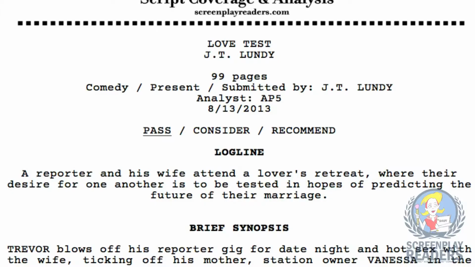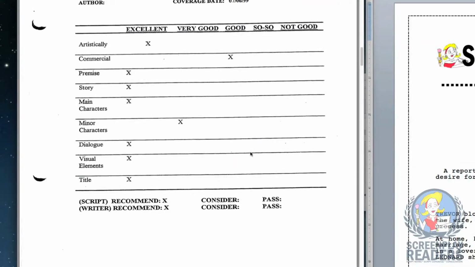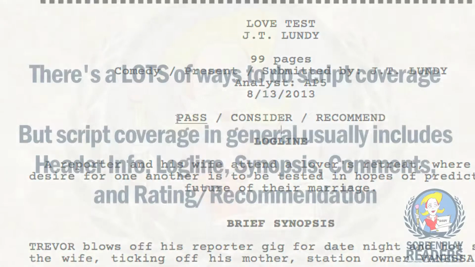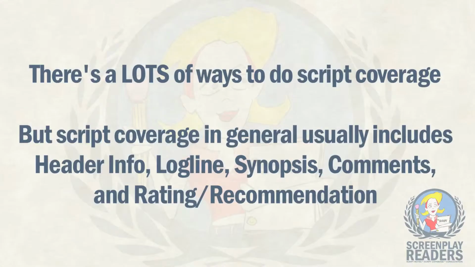Now, coverage could include this grid, which, sometimes it does, sometimes it doesn't. Or sometimes it just has the rating and then 3 pages of comments. The bottom line is there's a billion ways to do script coverage, and there's a billion reasons why script coverage is done.